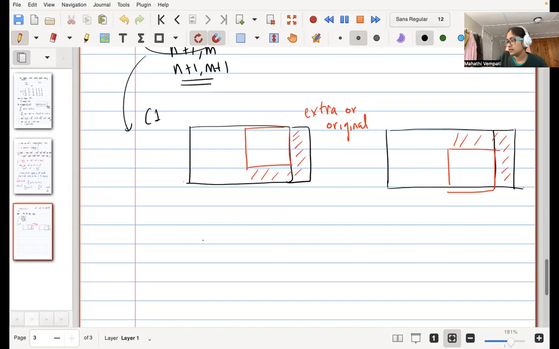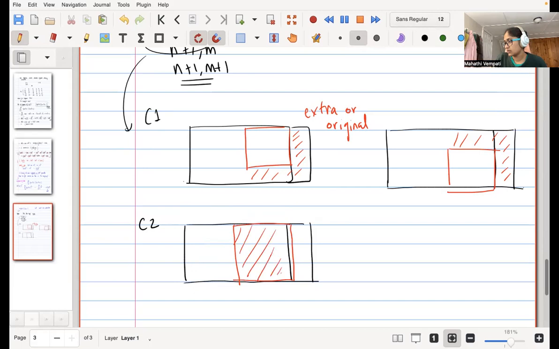If it is this, case two that I can think of, this whole thing, then same as before.